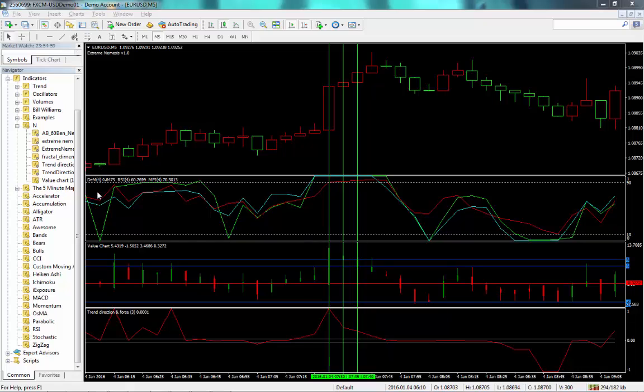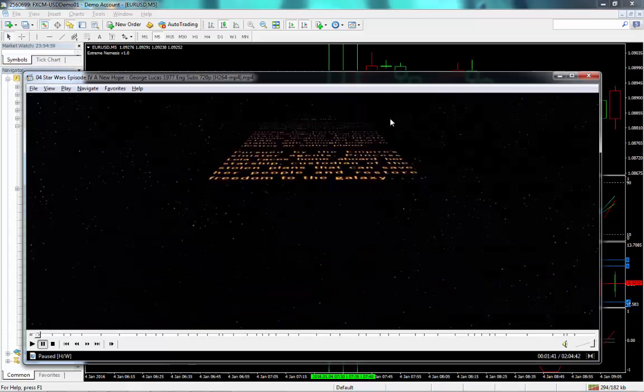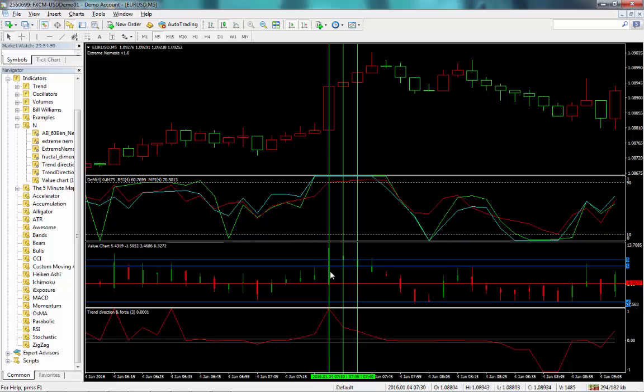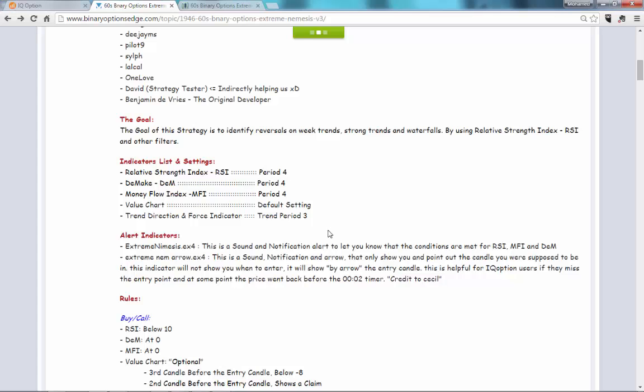But this is only for these three indicators: MFI, RSI, and DeMarker. I basically use it to say, hey, there's a chance you may have a trade here, so keep an eye. The Extreme Nemesis Arrow was done by Celsius. It's a sound indicator, and it also shows you an arrow.